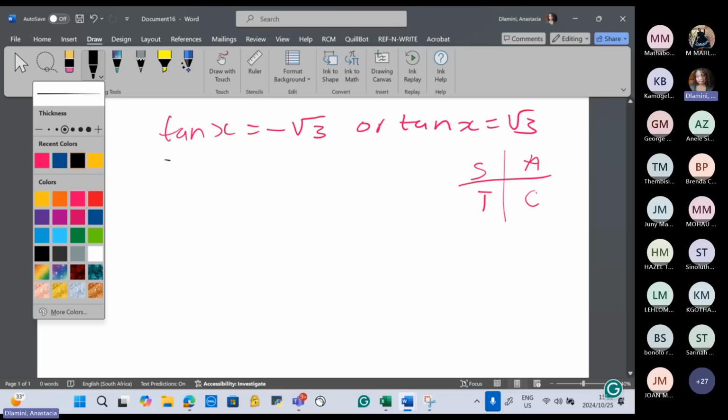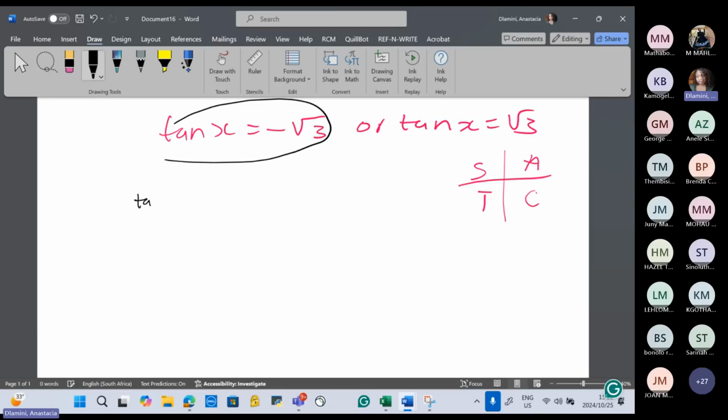Then I will find the reference angle: x is equal to arctan of root 3.